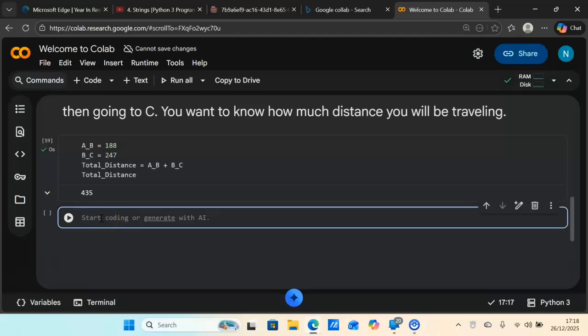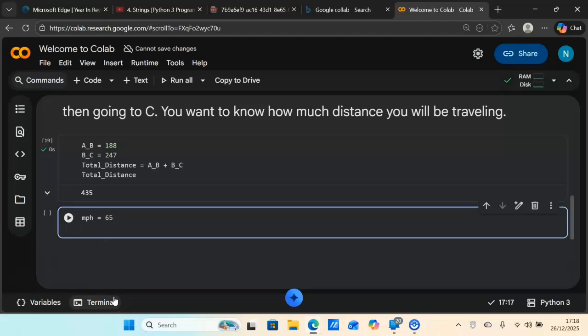So now first we will need is the constant speed you are using, which is mph. So let's say your mph is 65. So now we're trying to calculate time.